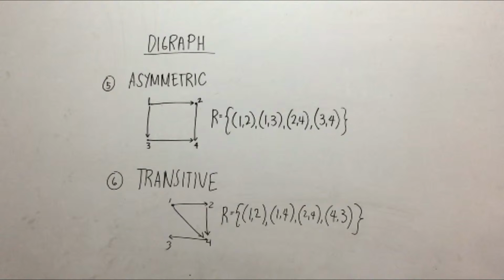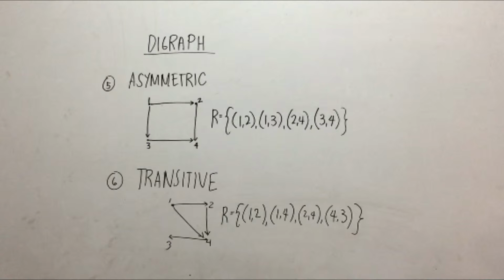Example 5 shows the pair 1 and 2, so an arrow from 1 to 2 is formed. Next pair is 1 and 3, so an arrow from 1 to 3 is formed. Next pair is 2 and 4, so an arrow from 2 to 4 is formed. Lastly, the pair 3 and 4, so an arrow from 3 to 4 is formed.